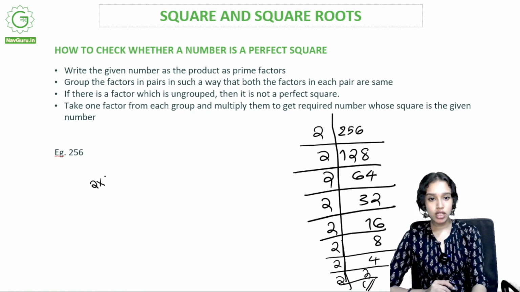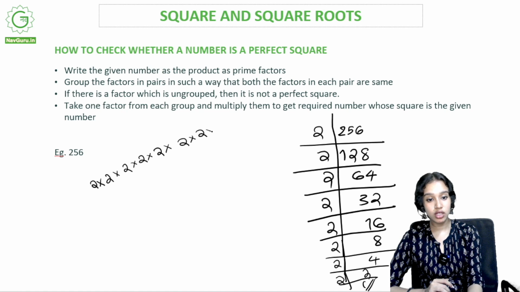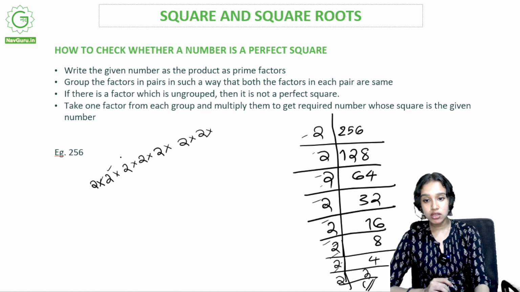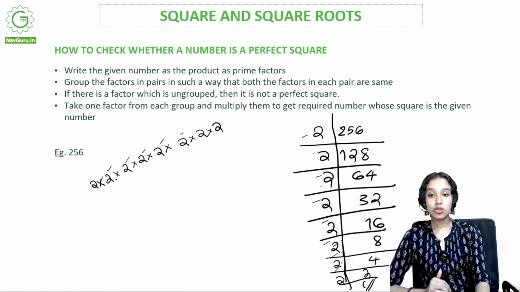We said 2 into 2 into 2 into 2 into 2 into 2 into 2 into 2. How many 2's? 1, 2, 3, 4, 5, 6, 7, 8. We have 8 2's.